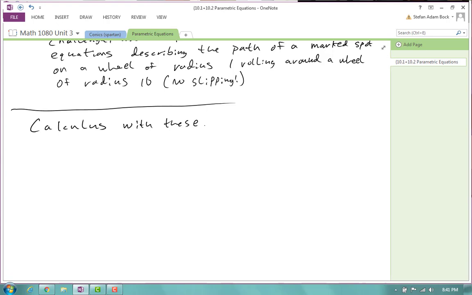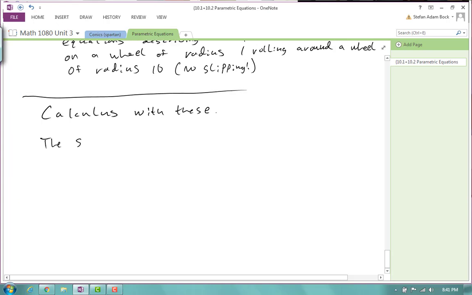Well, 3, 4, and 5. If I'm talking about derivatives, the slope of a line, or the slope at a point on a curve is, and always will be, dy over dx. And that's my rise over run if I'm dealing with the Cartesian coordinate system.